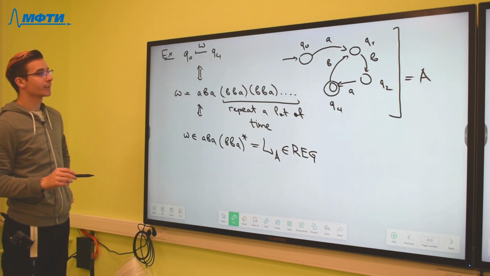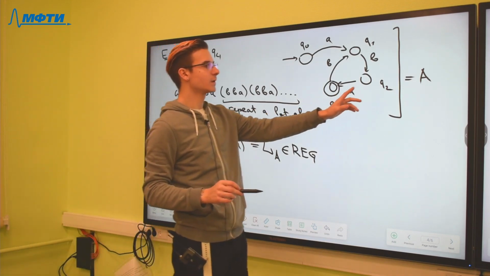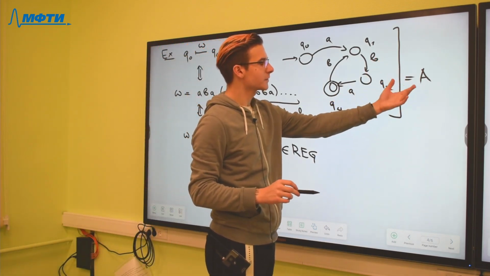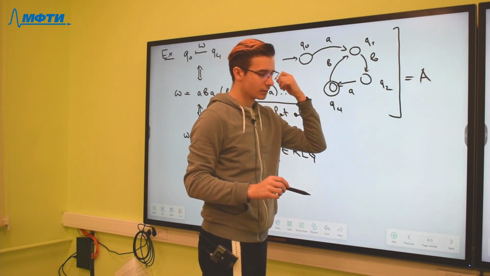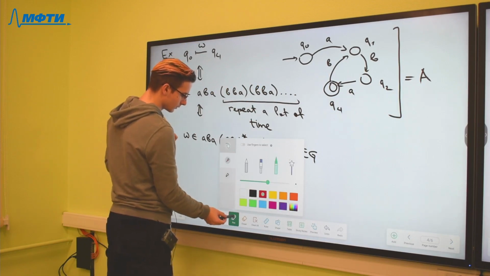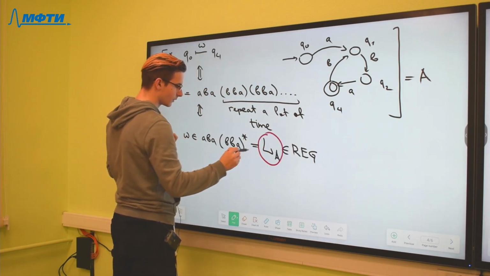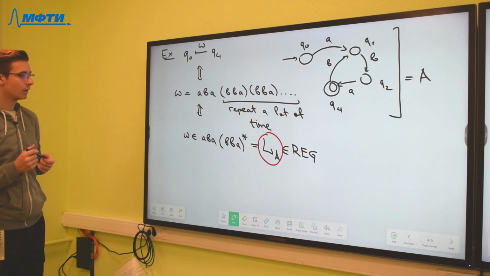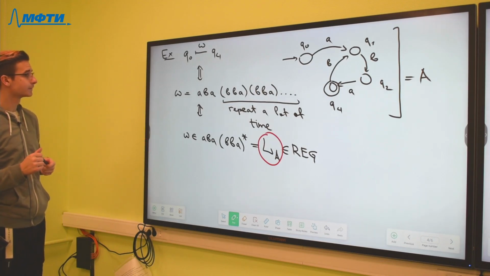So if we have a deterministic finite automaton, we have some language.